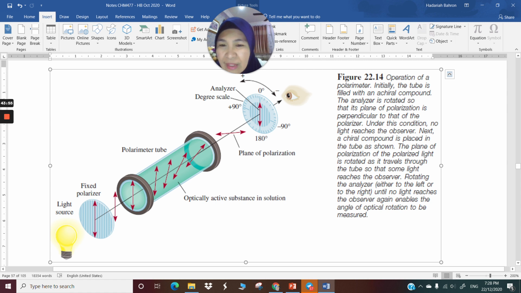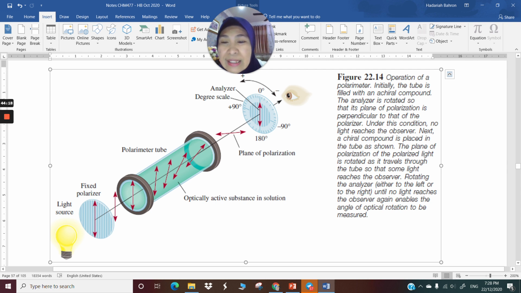When you have a levorotary isomer in here, this plane polarized light will be rotated to the left. When you have a dextrorotary isomer in here, it's going to be rotated to the right.